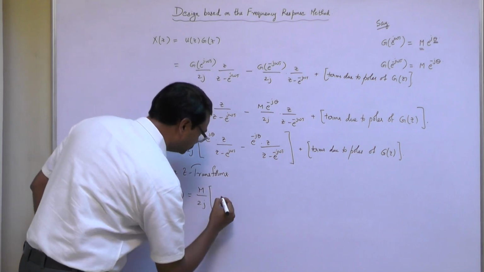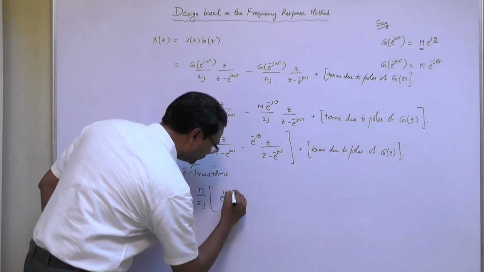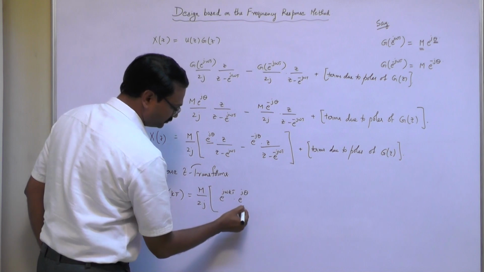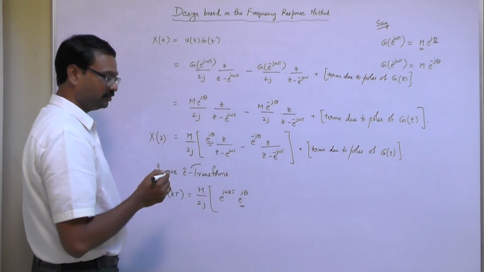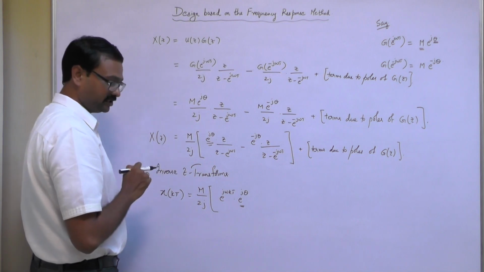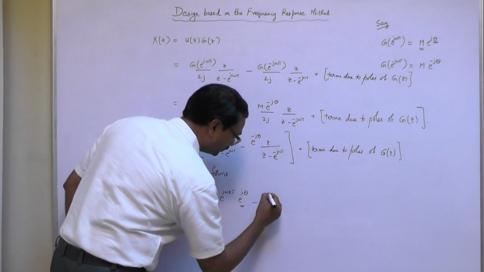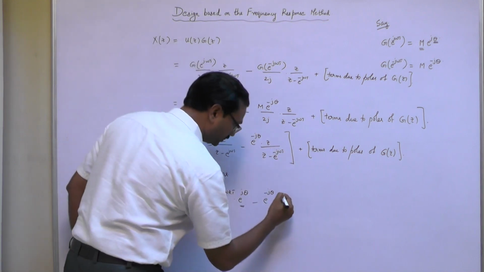It is nothing but e^(jωkT) into e^(jθ). E^(jθ) is as it is. So the inverse z transform of that is e^(jωkT) e^(jθ), minus e^(−jθ) into e^(−jωkT).